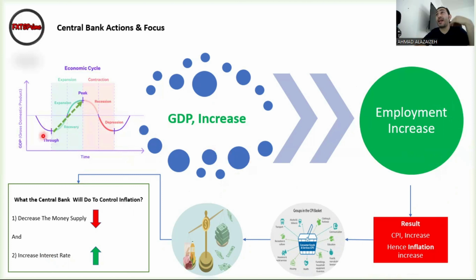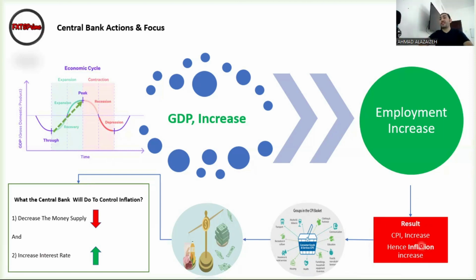When we have an expansion cycle and we see that the GDP is at the highest level, the bank will monitor the inflation. So you also need, as a trader, to monitor the GDP and see whether it's at the top, and you need to monitor the inflation rate and see whether it's rising above 2%, which is the objective of the central bank.